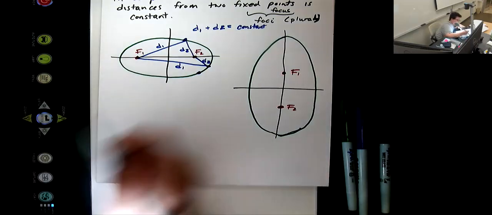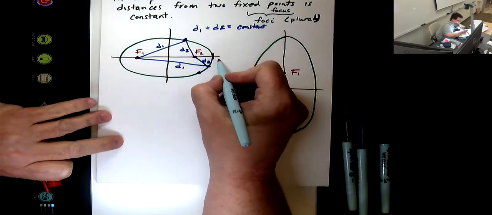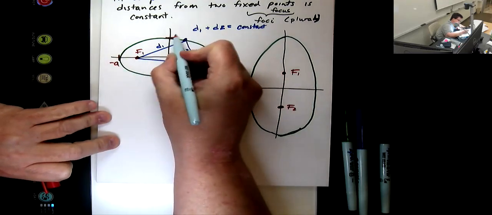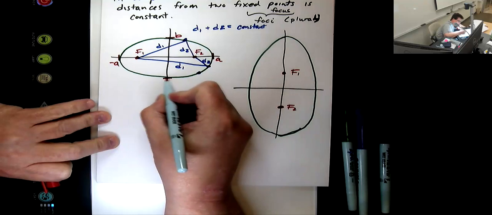In both of these, I'm going to say that this goes a distance A out on the x-axis and a distance B out on the y-axis.